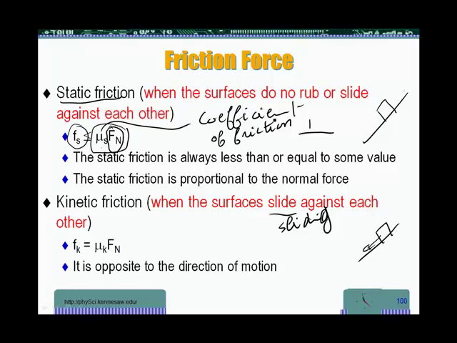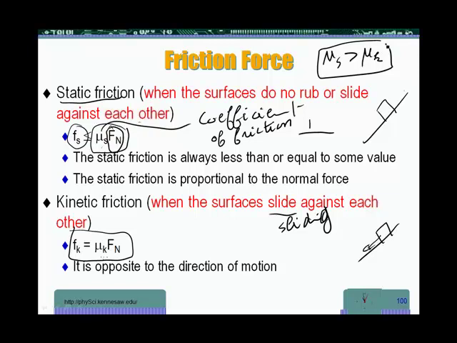Now, you'll notice here, when we have kinetic friction, we have a very similar equation, except we don't have an inequality sign, we have an equal sign, and instead of mu s, we have mu k. This is the coefficient of kinetic friction, while the top one is the coefficient of static friction. Generally, mu s is larger than mu k. Generally, not always. Generally, they are different, with mu s larger than mu k.